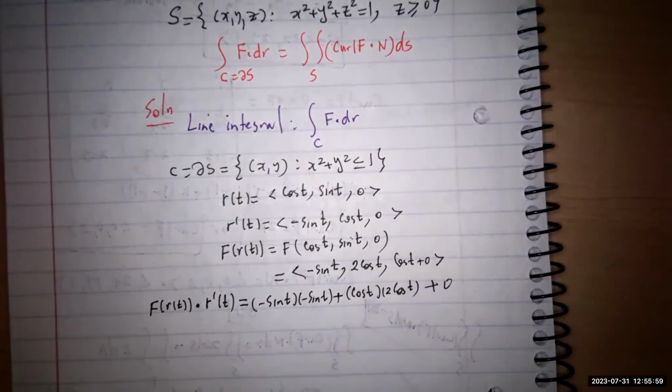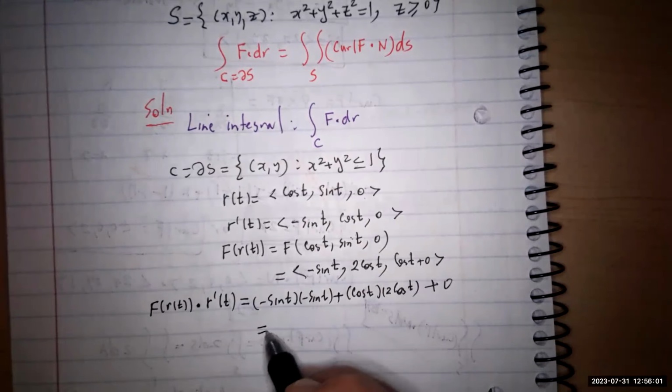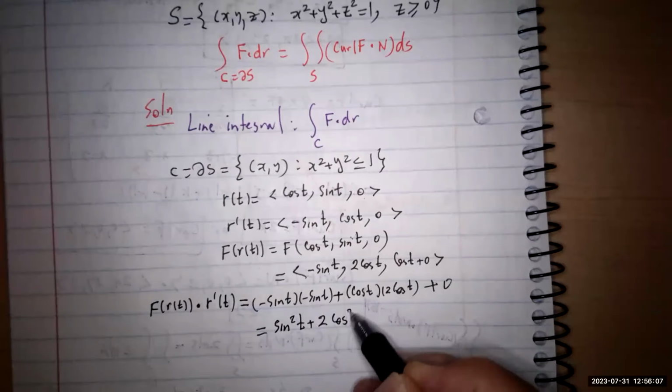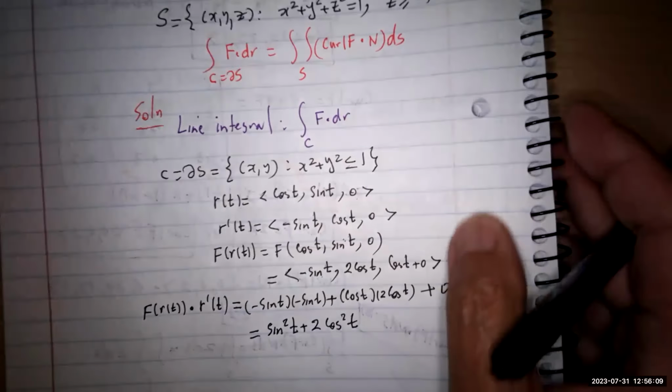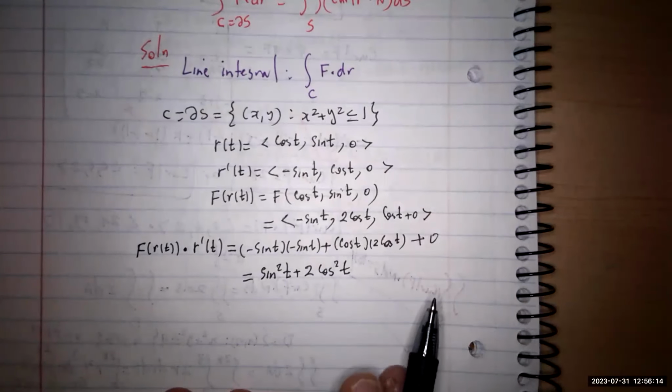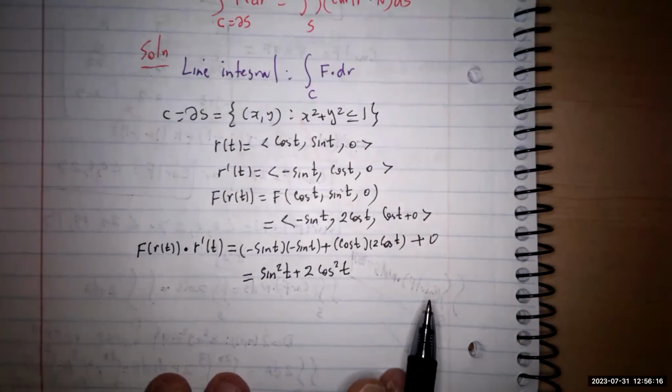Okay, the result must be a number. So this is going to be sine squared of t plus 2 cosine squared of t. Remember, you want to integrate, so you better simplify it. So this is 2 cosine squared, right? Cosine squared plus cosine squared.